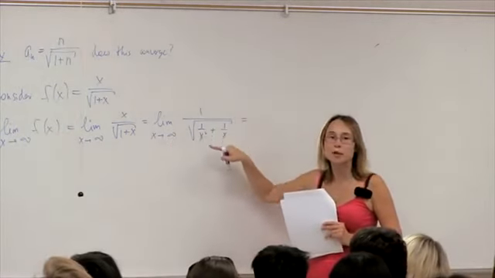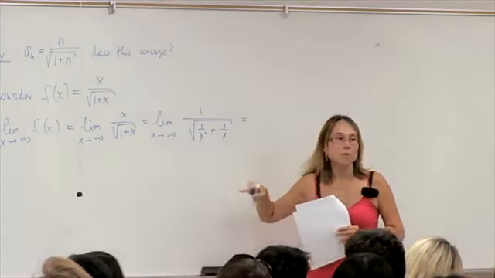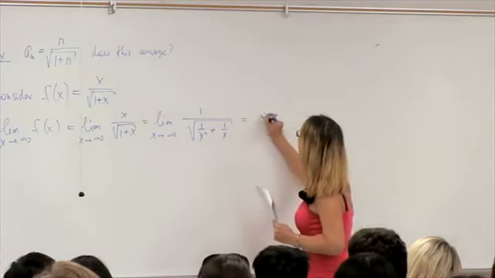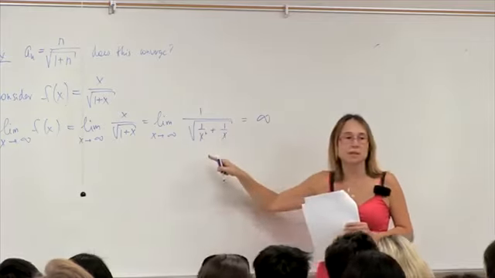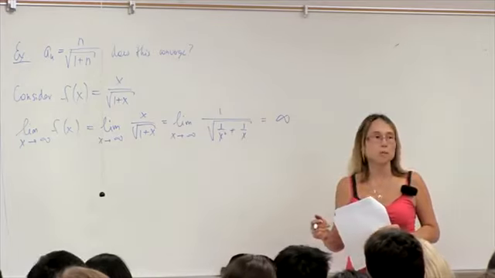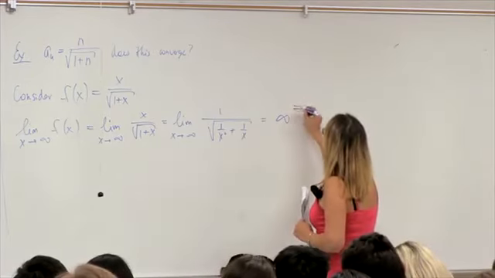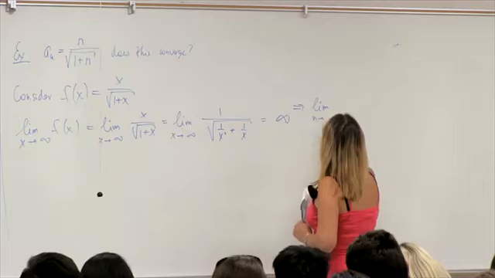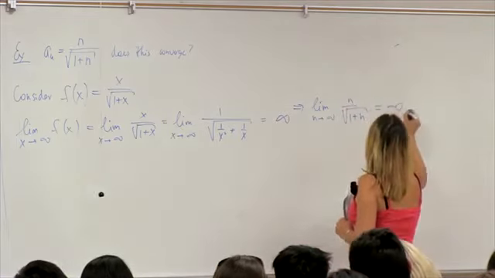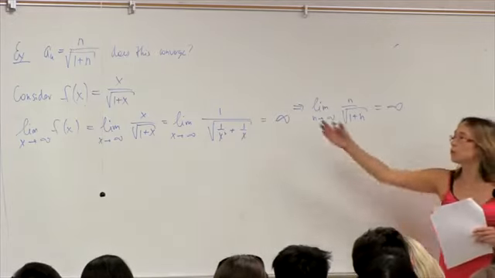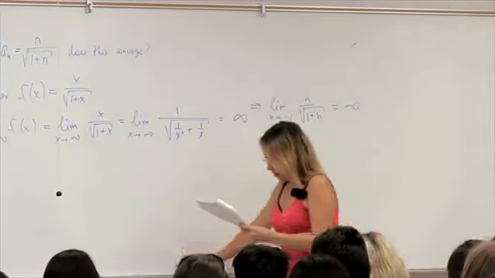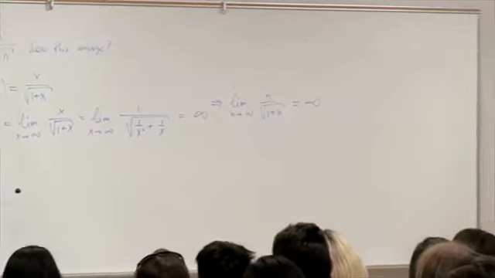What happens to the denominator? 0. What happens to this expression if its denominator goes to 0? It goes to infinity, right? The denominator becomes vanishingly small as x becomes large, so the whole thing blows up. Therefore, the limit as n goes to infinity of this is also infinity. So we use the knowledge of the corresponding function and its limit to conclude stuff about the sequence.